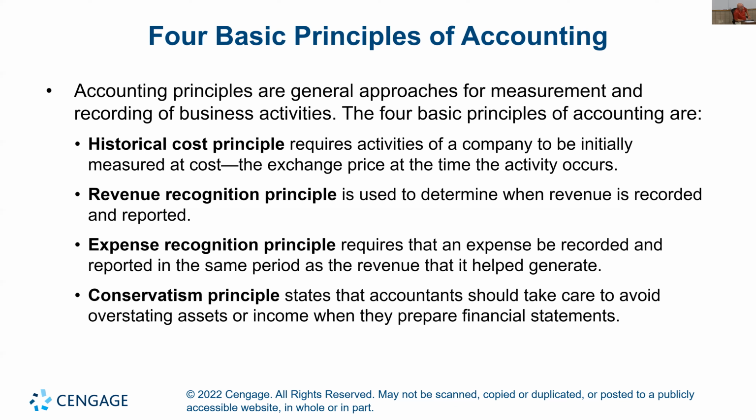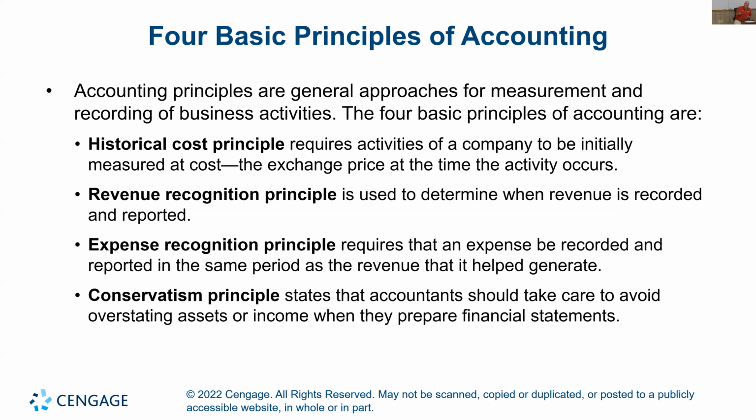And finally is our conservatism principle. US GAAP is a very conservative set of rules. It means we don't want to overstate our assets or income when we prepare financial statements. So the way to think of this is we wait as long as possible to record revenues. We want to be 100% sure that these revenues are coming in before we record them.